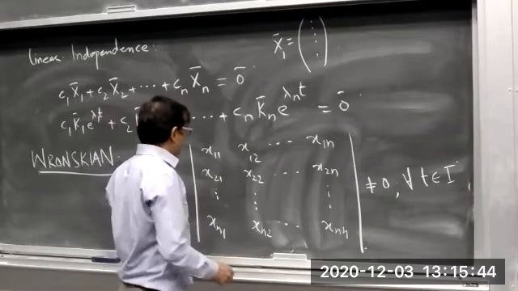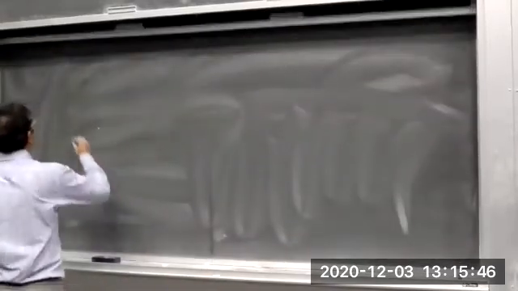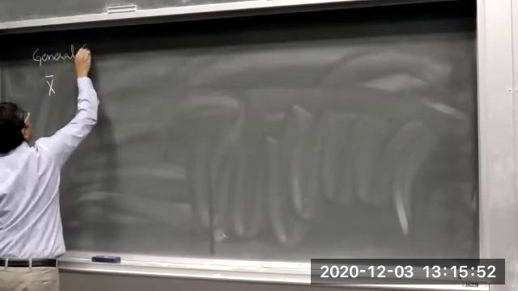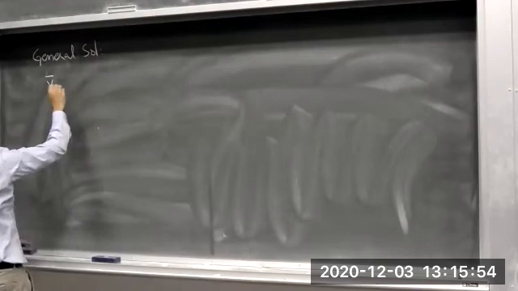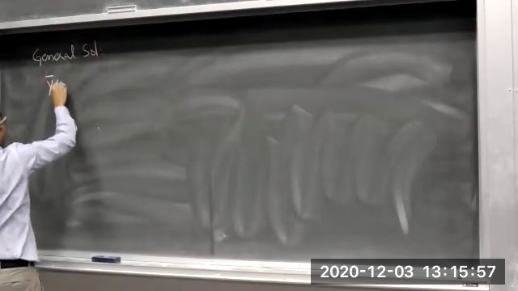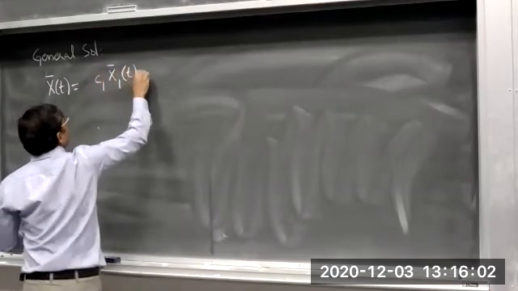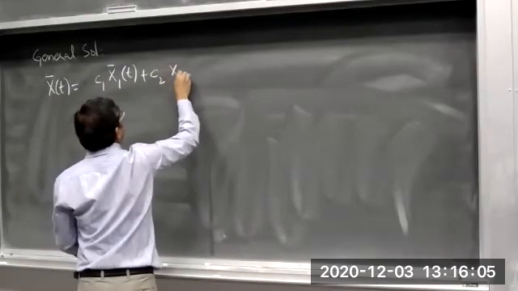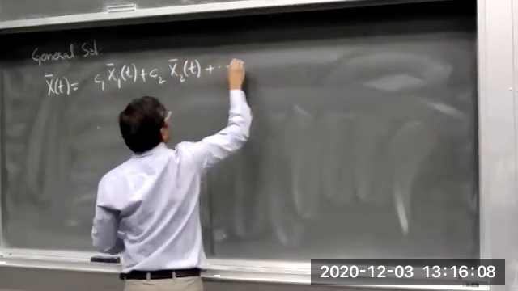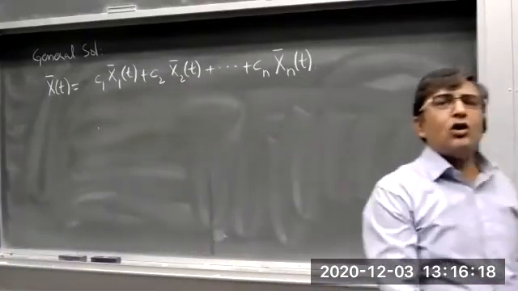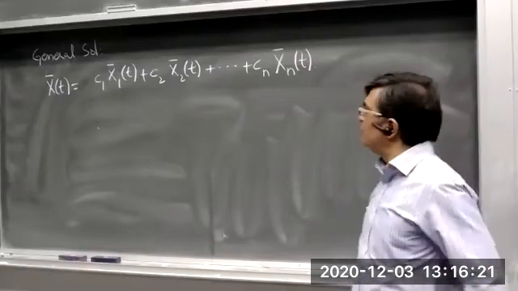By using the principle of superposition, we can write the general solution of the linear system of equations: x bar of t is equal to some constant of integration times x1 of t plus some other constant times x2 of t plus so on plus cn xn of t, where x1, x2, so on xn are linearly independent solutions, and c1, c2, so on cn are constants of integration, are parameters of the solutions.